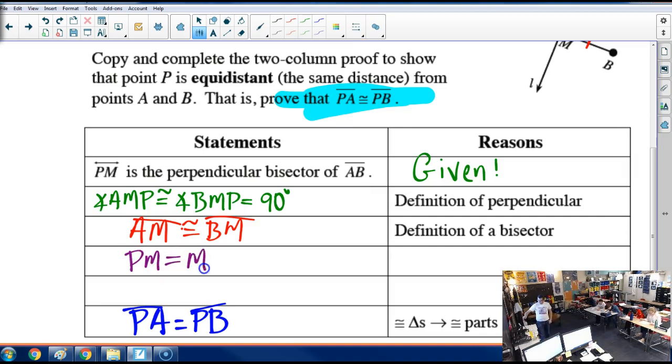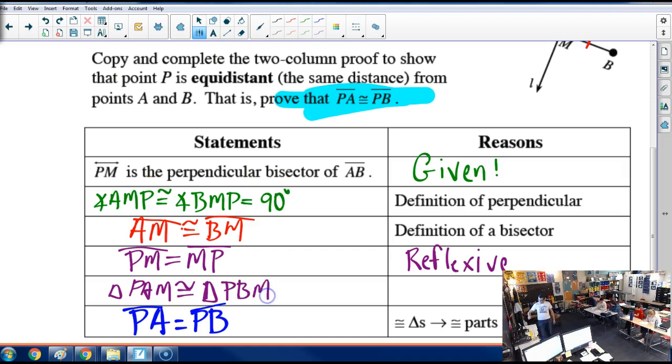And then triangle PAM is congruent to triangle PBM. Why? Because it's side angle side.